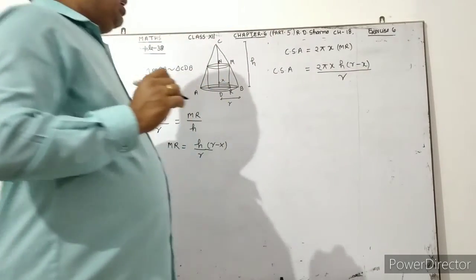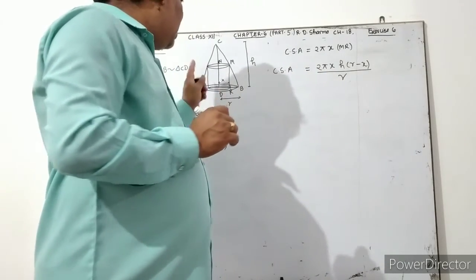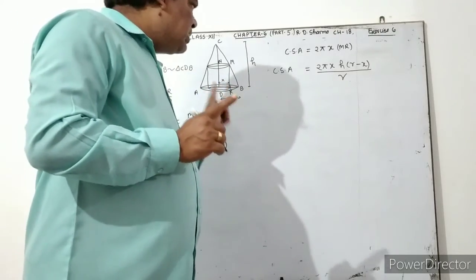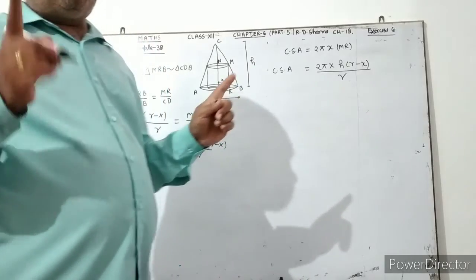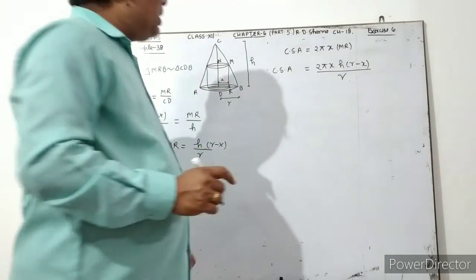Now this is the equation. The height of the cylinder and radius of the cone are fixed, and this behaves like a constant. Only x is the variable.